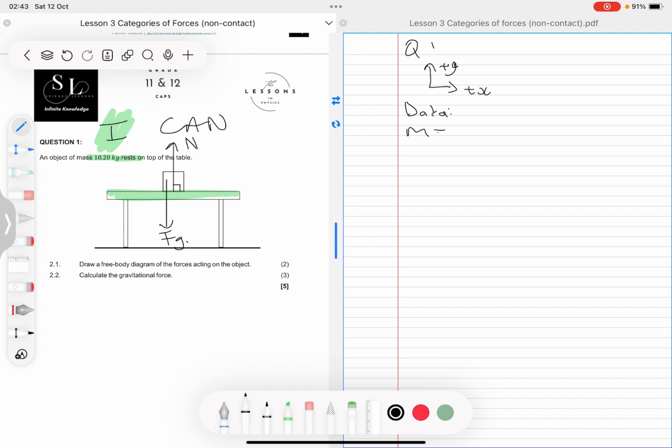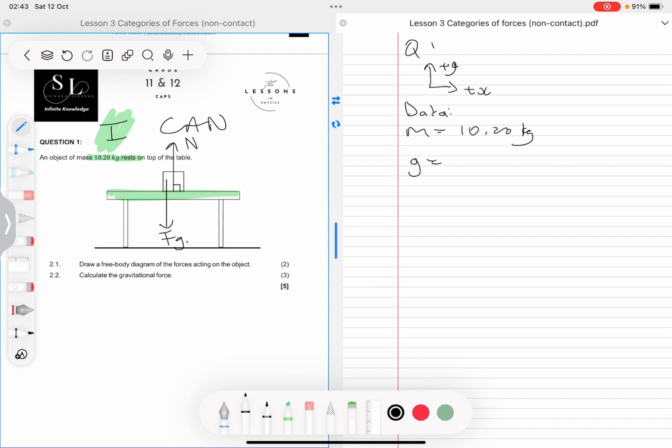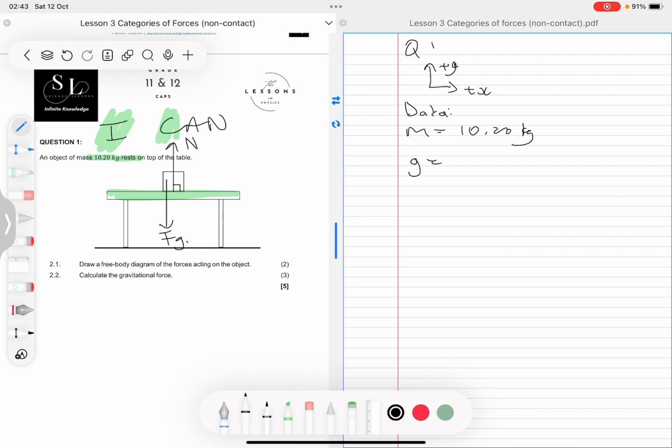I'll say here I have the mass is 10.20 kg. I know this is the mass because I can see it's measured in kg. In fact, I was even told in the problem. Another thing that I haven't been told, and this is also part of problem classification, is that I'm going to write the acceleration due to gravity as 9.8 meters per second squared, because I can see that this box will experience the acceleration due to gravity.